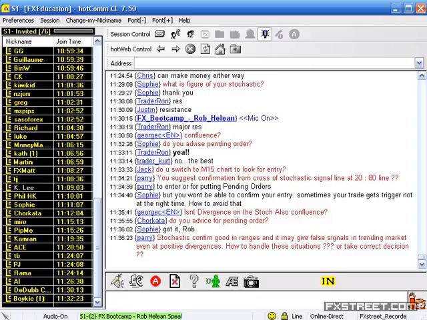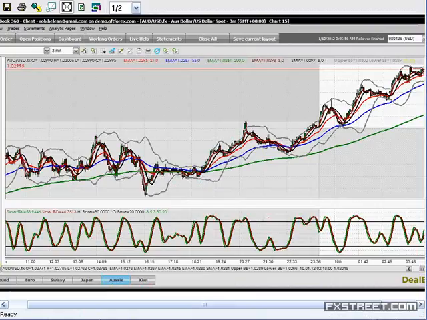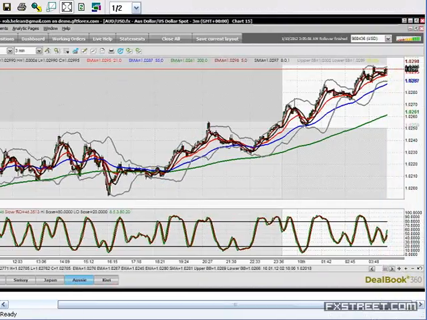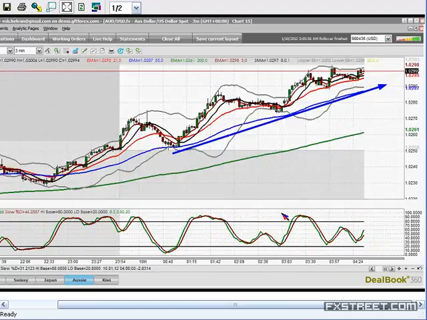Price on this Aussie 3-minute chart is heading up, but stochastics is printing these lower crosses. So that can be viewed as stochastic divergence.